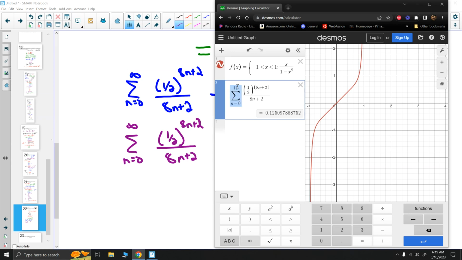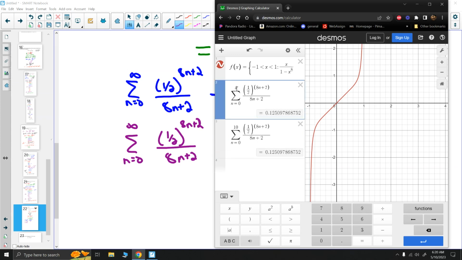So at 10, it's that. Let's see at 100. Okay, it hasn't changed. If we look at 5, let's copy this and compare it to 10. We can't tell the difference at 5. Let's see when we can tell the difference.